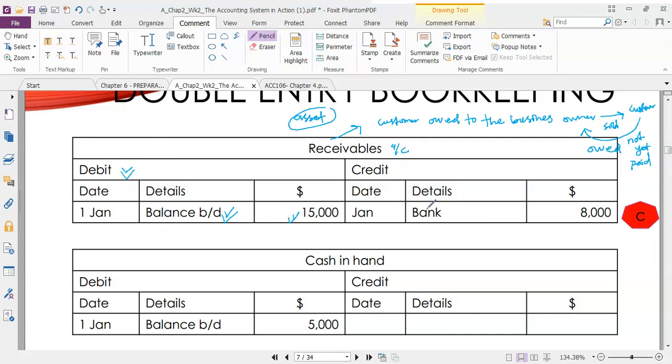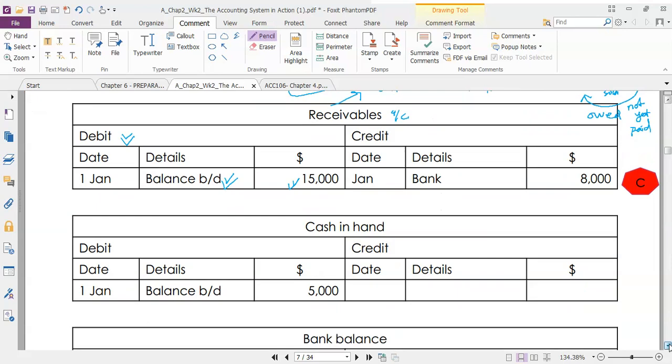Alright. Okay, so next is cash in hand. I hope that you already know cash in hand is also an asset element. So for the asset element, balance BD 5,000 ringgit should be put on the debit side.